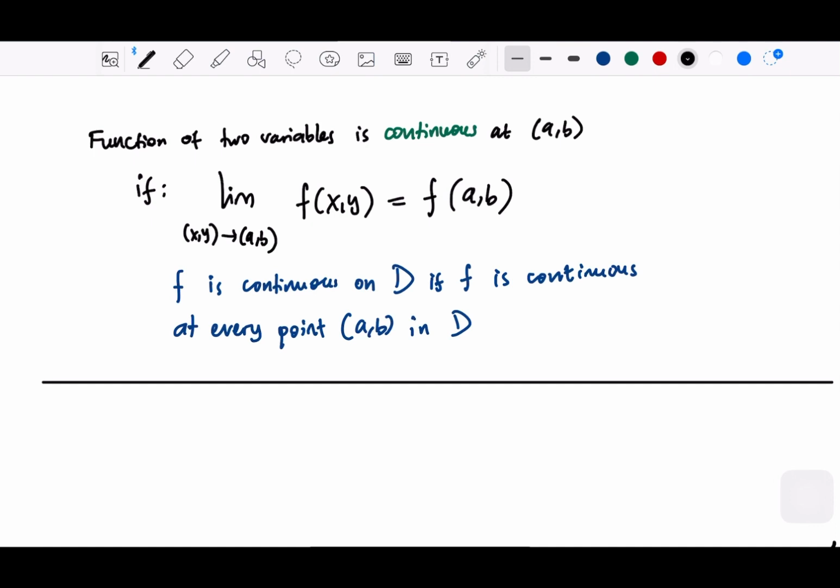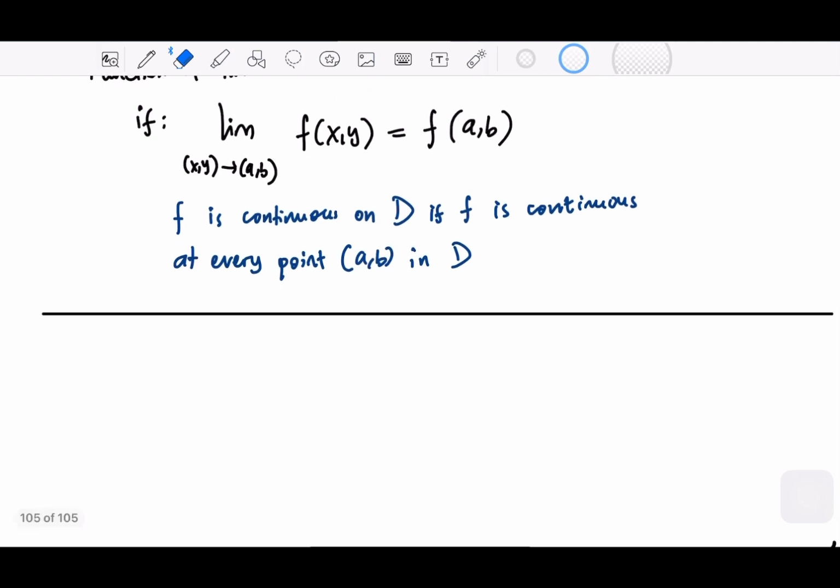If the limit doesn't exist, then it will have a discontinuity at that point. I think not much more on continuity, so we can go through the partial derivatives.